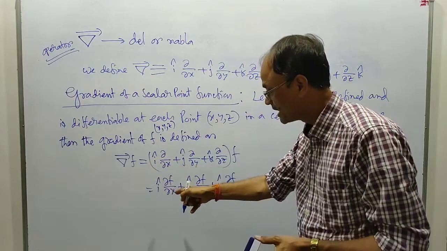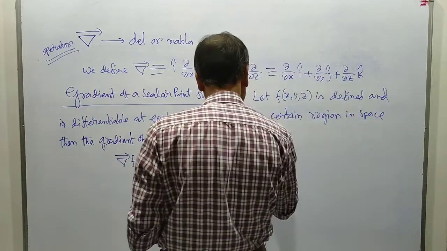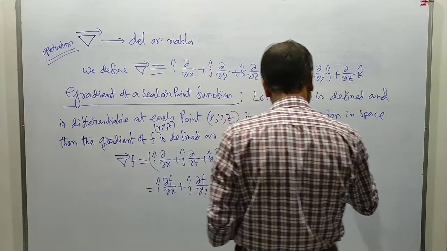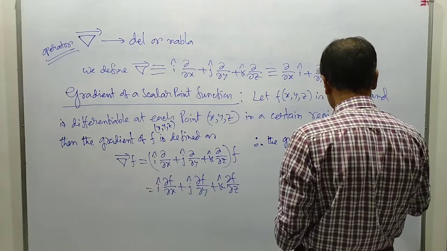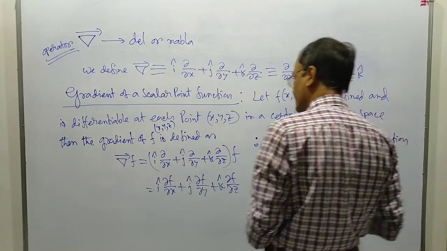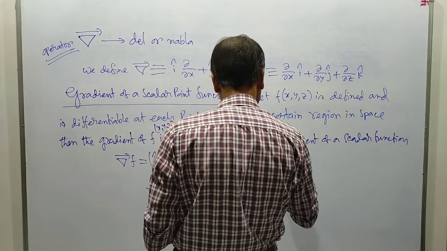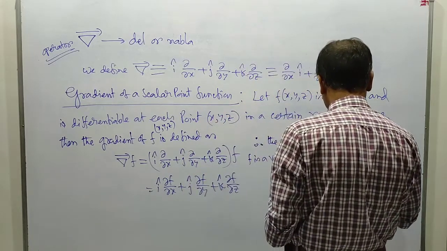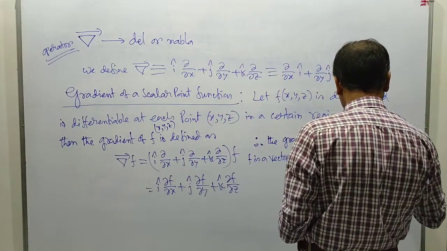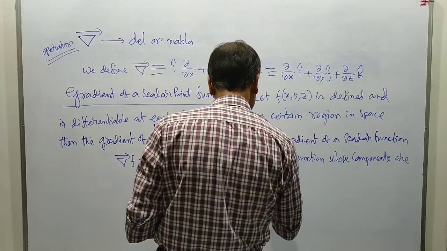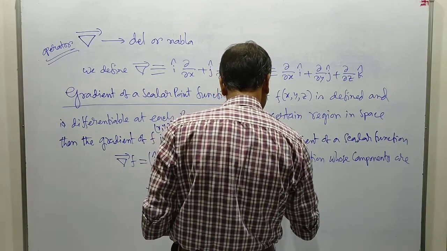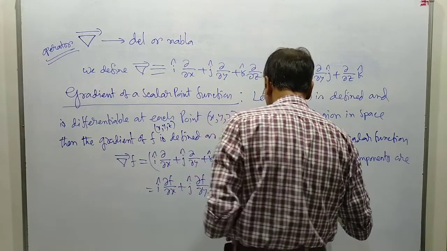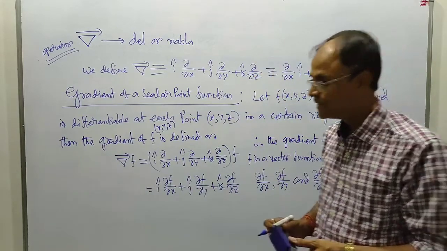Therefore, the gradient of a scalar function is a vector function. The gradient of a scalar function f is a vector function whose components are del f by del x, del f by del y, and del f by del z.